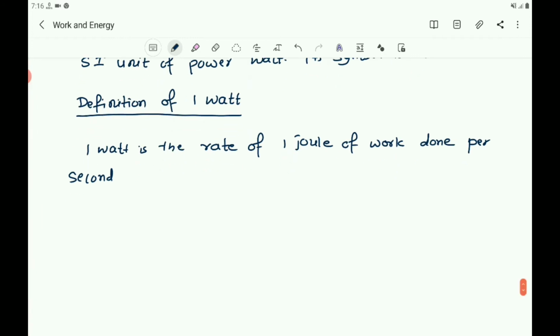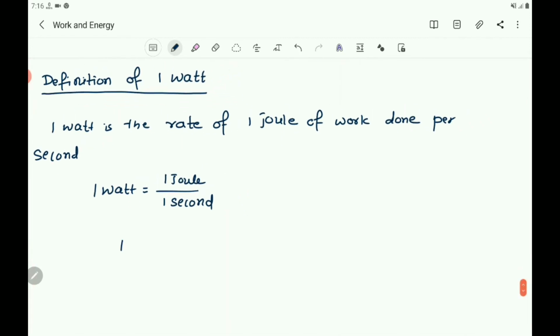That is, 1 watt equals, you can write, 1 joule by 1 second, that is, you can have that 1 watt is equal to 1 J s to the power of minus 1.